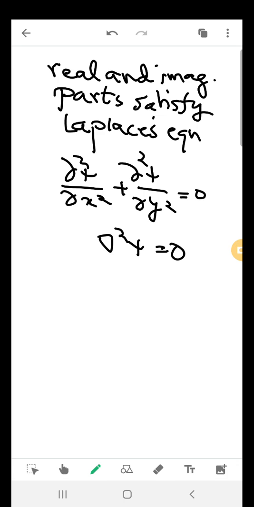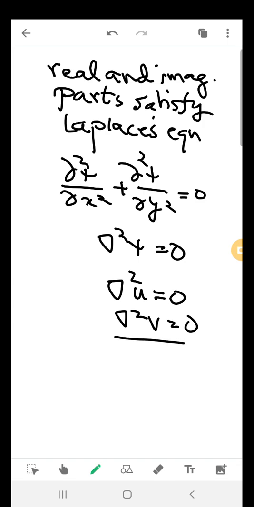This is the original Laplace's equation. So if del square u is equal to 0 and del square v is equal to 0, then you can say that the function f(z) is a harmonic function.